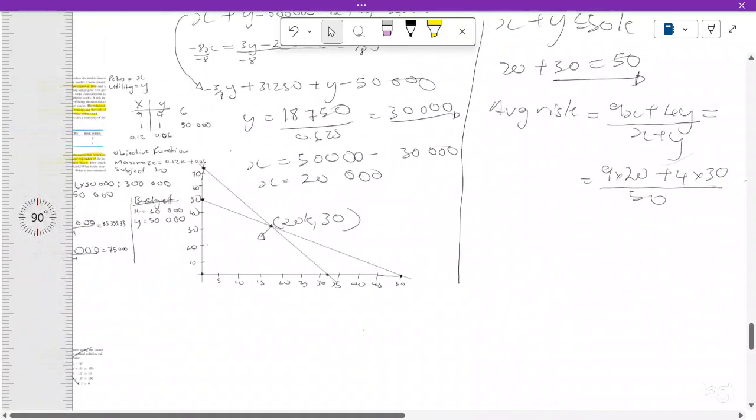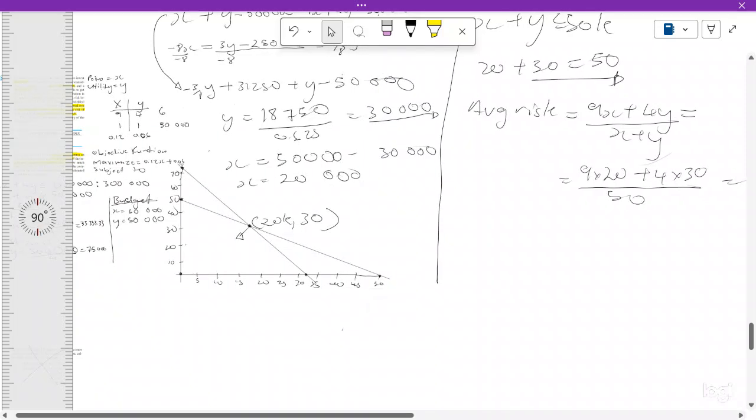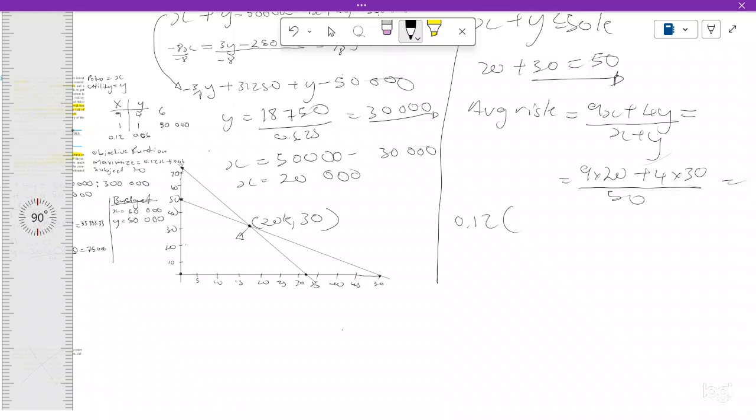Then 1.67x plus 1.5y is greater or equal to 5,000. Then 0.04x plus 0.08y is greater or equal to 200. From here be prepared to draw your graph.